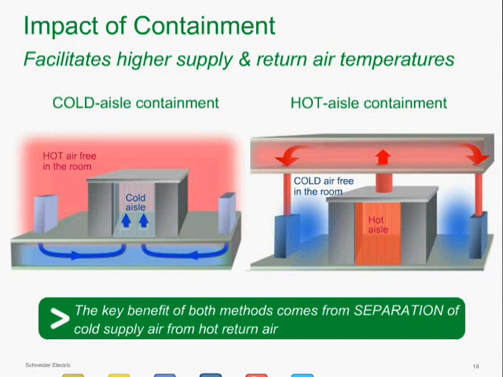I'm not going to talk at length about containment today, but what I can give you as a takeaway is, if you're building a new data center, there's a lot of evidence and a lot of fundamental proof that hot aisle containment is the best overall architecture for a new build application or for use with a closely coupled cooling system like an in-row unit.